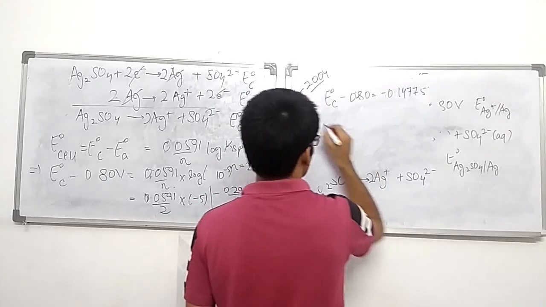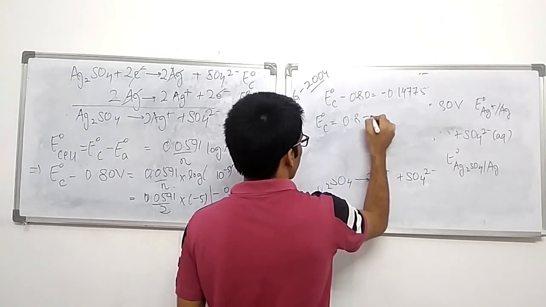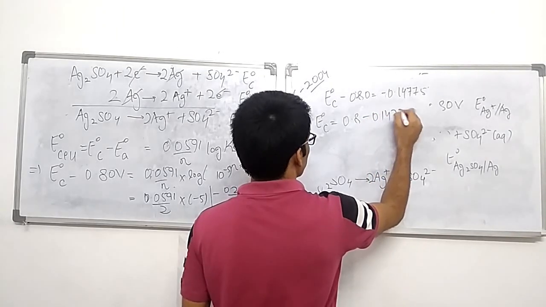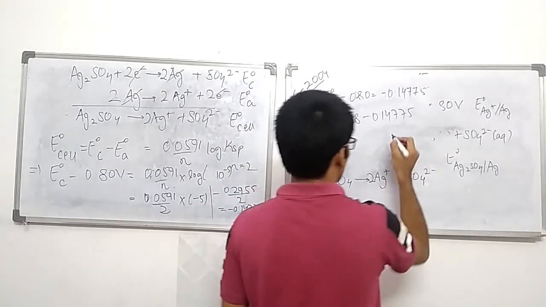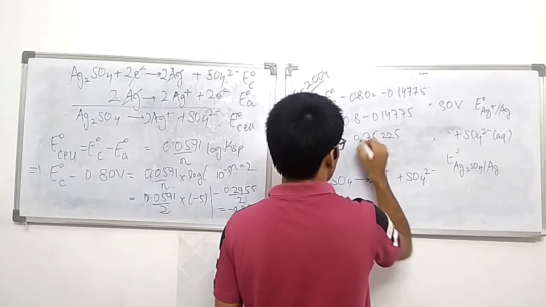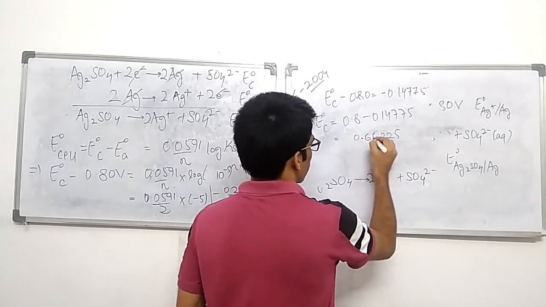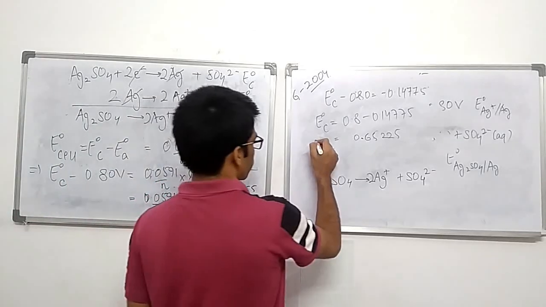Now simply this will go this side, so I am left with E naught cathode is equal to 0.8 minus 0.14775. If you do the subtraction, you would get 0.65, which is my option number C.